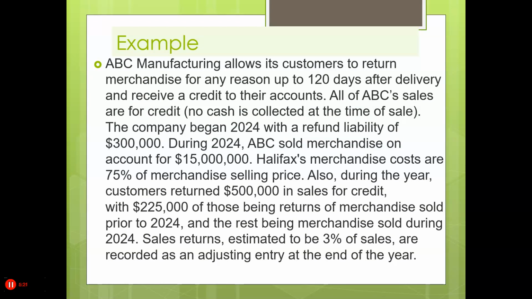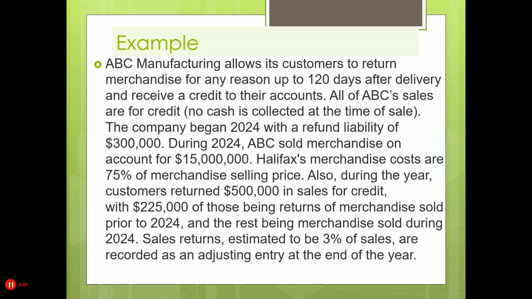Here we have ABC Company, which allows its customers to return merchandise for any reason up to 120 days after delivery and receive a credit to their account. All of their sales are on credit. The company began 2024 with a balance in their refund liability account of $300,000. During 2024, they sold merchandise of $15 million, and their cost of goods sold is 75% of sales.